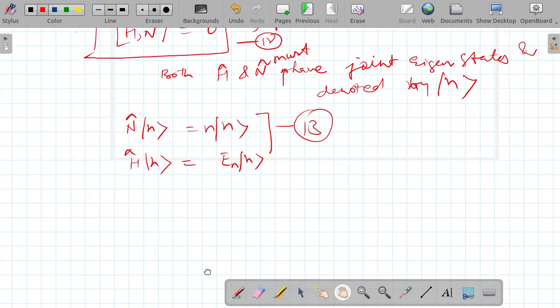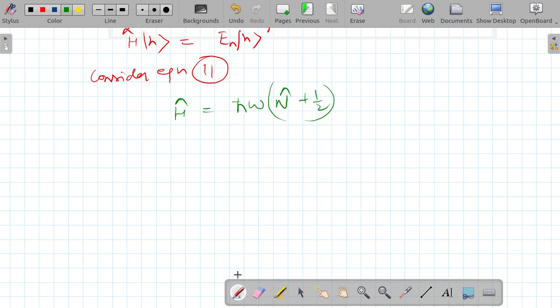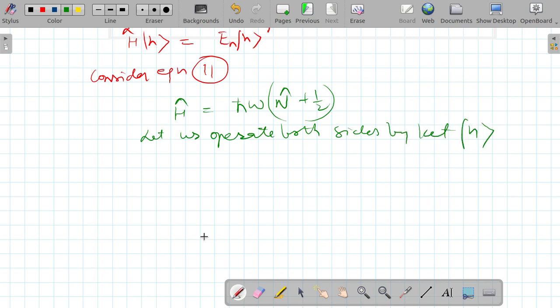So now consider the Hamiltonian, or consider equation number 11. So if I consider equation 11, that is h must be equal to h cross omega n plus 1 by 2. So if they have joint eigenstates, let us operate both sides by ket n.